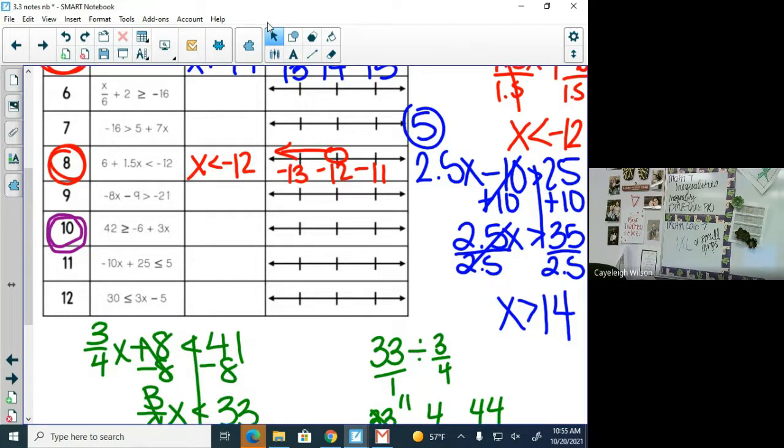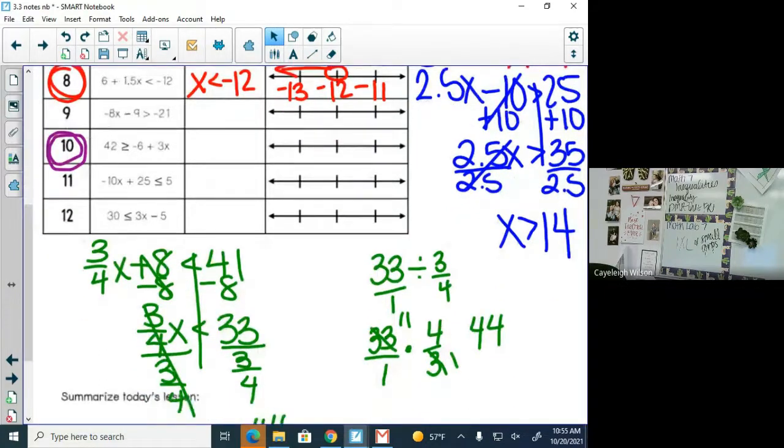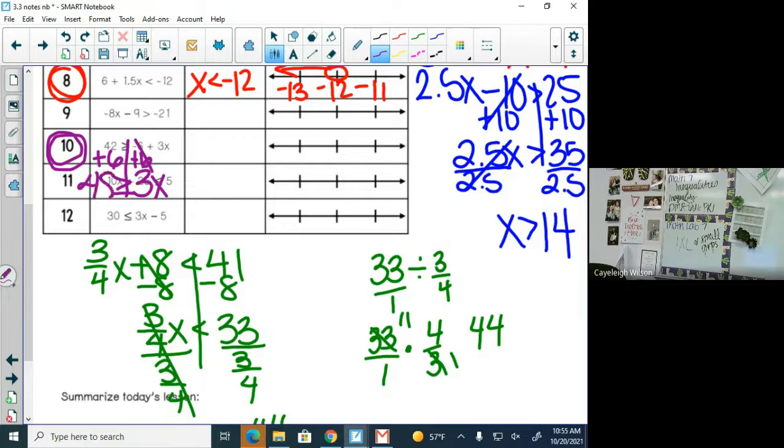I'm so good at these, oh my gosh. I got it done. All right, I'm gonna add 6. So that's 3x is less than or equal to 48.